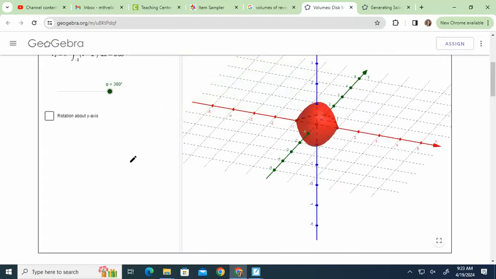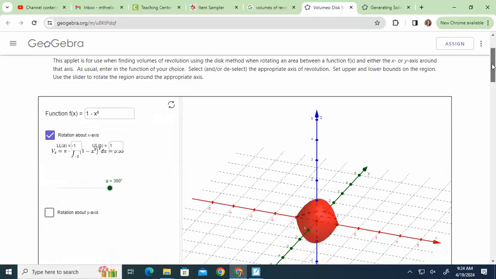If we wanted to do this, it is super slow. All right, so this was the square root of x.